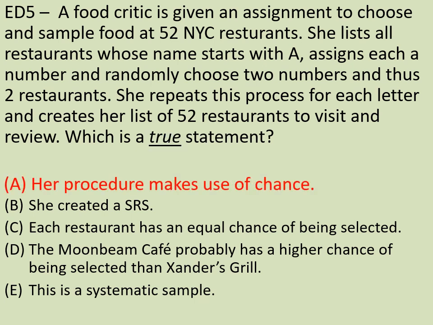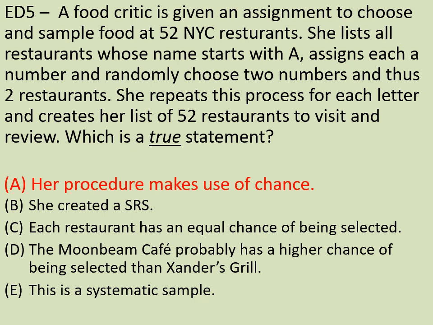All right, she definitely is using some chance procedure, but she's not doing an SRS. Not every restaurant is equally likely of being selected. So for D, for example, that restaurant begins with M, probably more restaurants beginning with M than beginning with X. There's more of them, and she's only choosing 2, so they're less likely to be chosen.